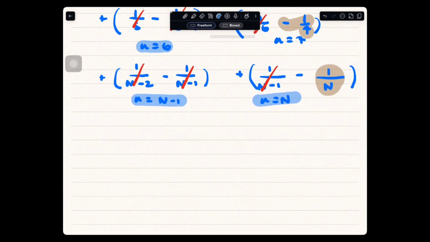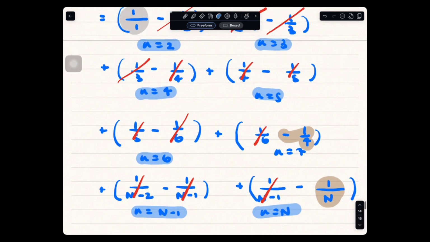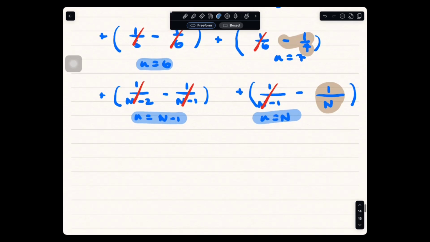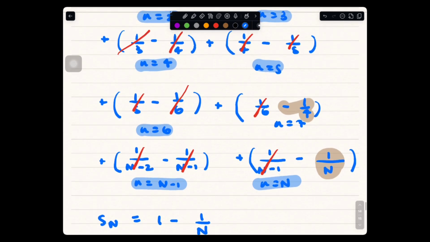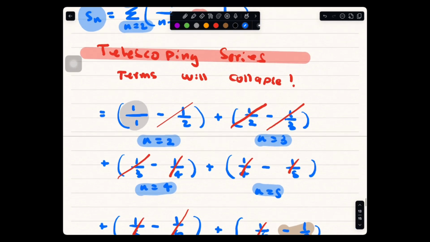In other words, most of those terms have collapsed. Is that right? So S_n is really 1 minus 1 over n, because the terms have collapsed.